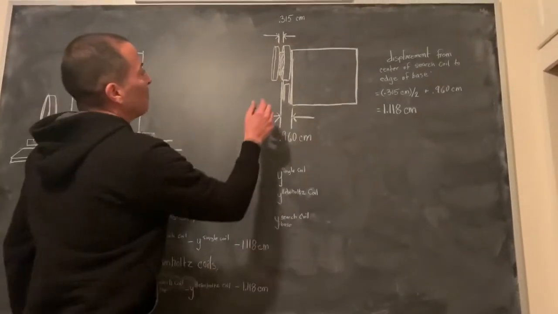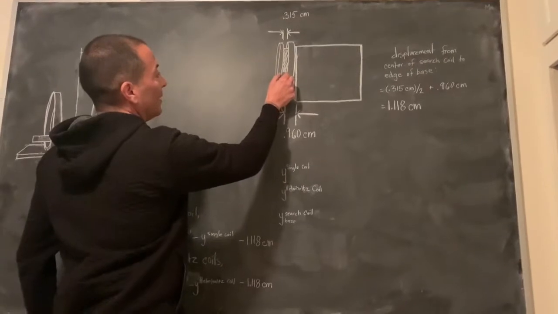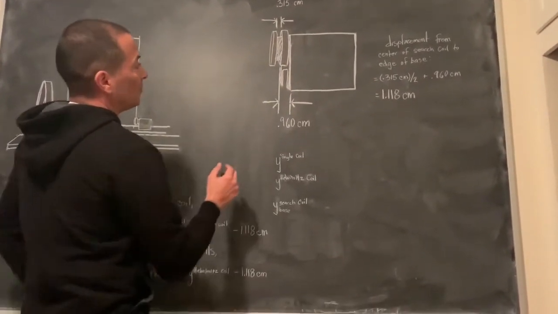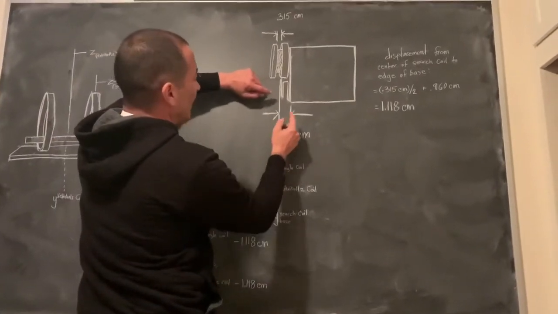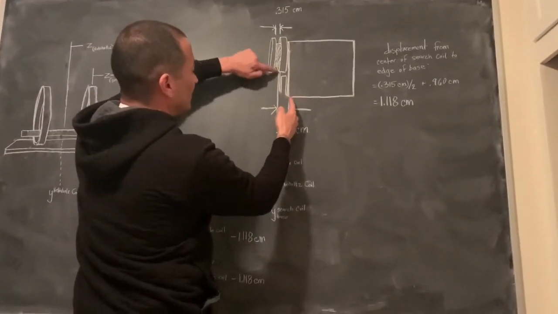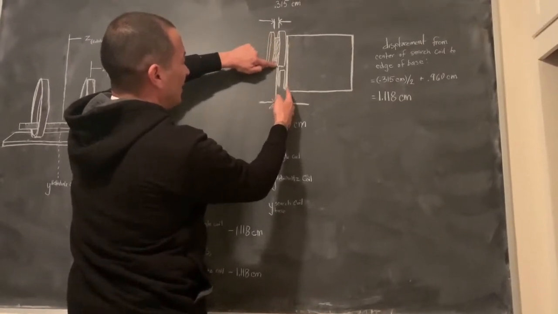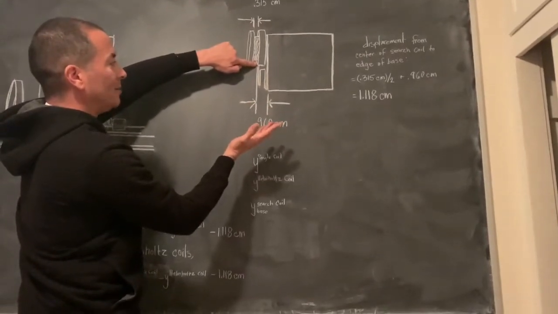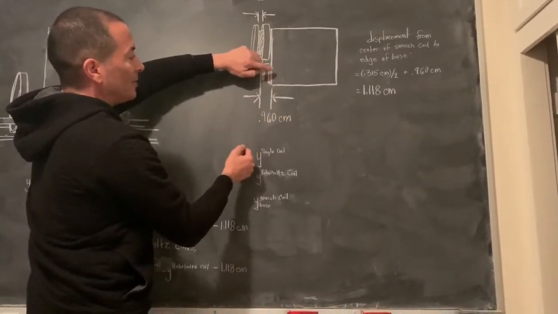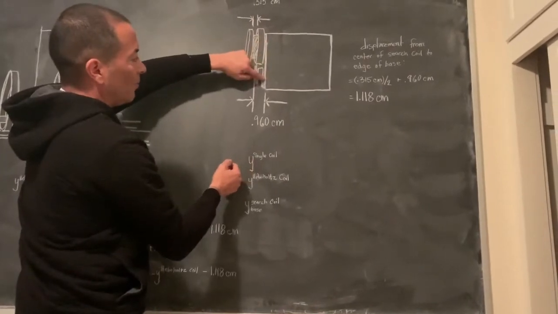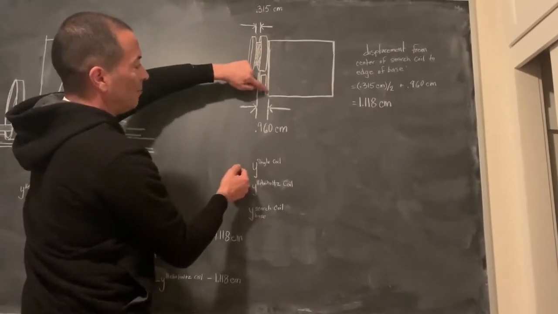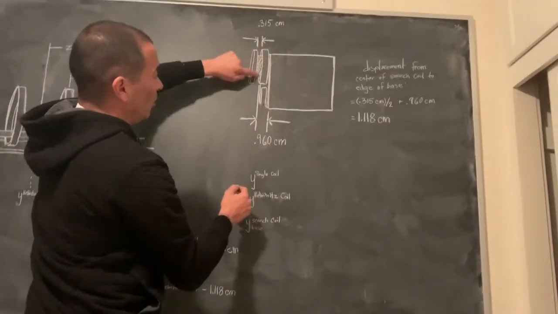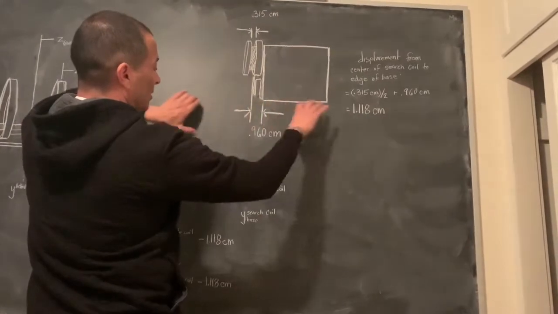What I did was measured the thickness of the coils, which is 0.315 centimeters, divided that by 2, and I measured the distance between this edge and the edge of this base plate, because what we're going to end up doing is measuring the position of this search coil by where this plastic edge of the base of the search coil is up against the ruler, instead of just eyeballing where this falls on the ruler that's located right here.